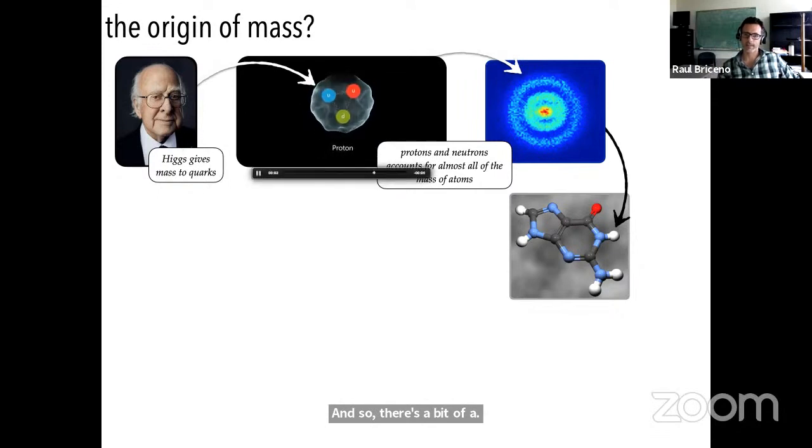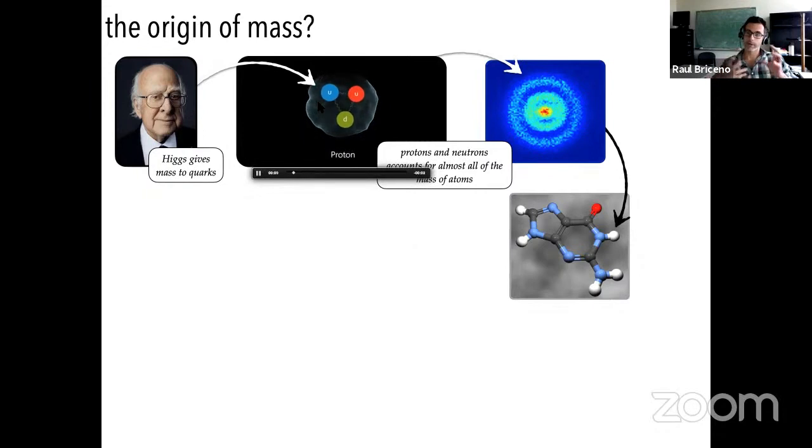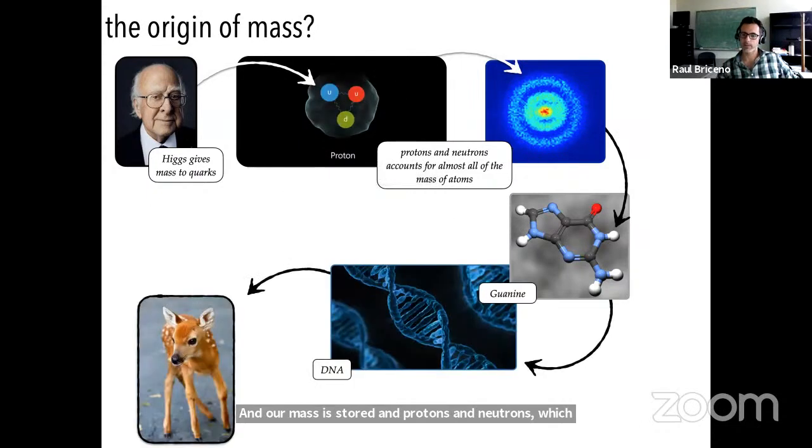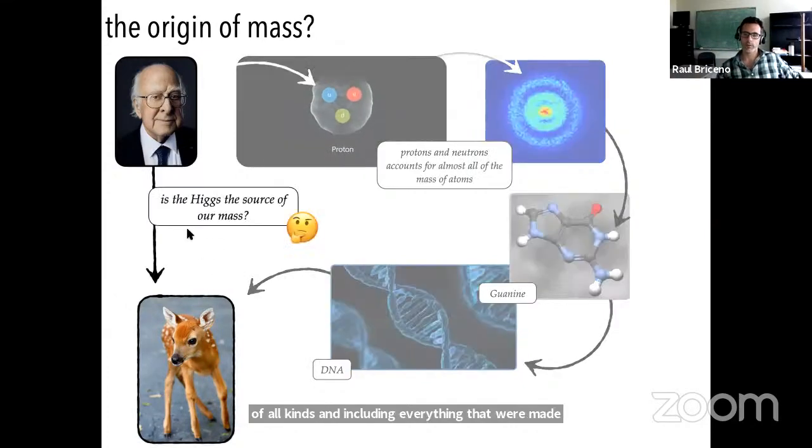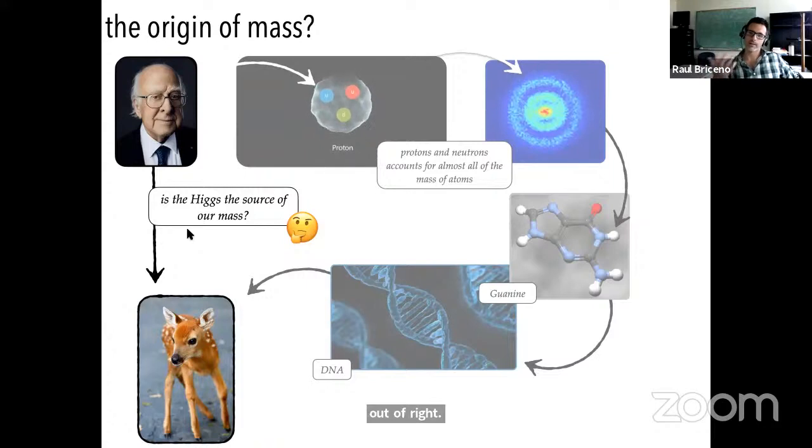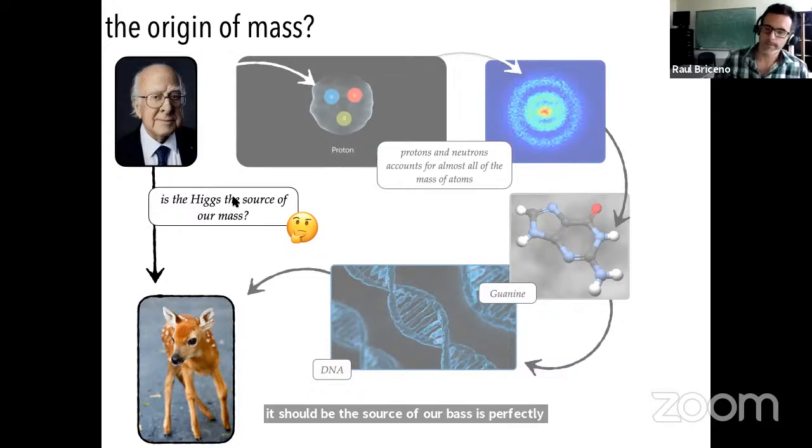Since the Higgs gives masses to the quarks, and the gluons don't have a mass, and our mass is stored in protons and neutrons, which give masses to atoms and molecules of all kinds, including everything that we're made out of, then we would naively conclude that the Higgs particle should be the source of our mass. This is perfectly reasonable, but it turns out that it's just not true at all.